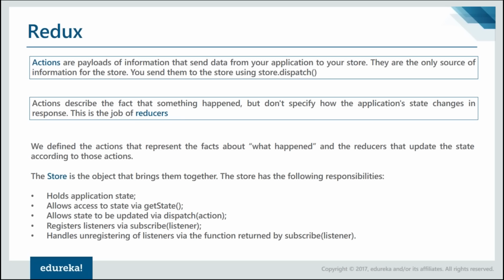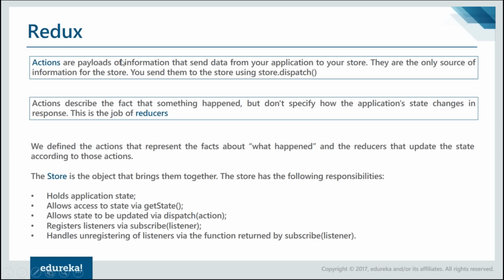I repeat, this is very important to understand in Redux: actions are the only source of information for the store. And keep in mind that Redux can have only one store, although it can have multiple reducers. When I talk about the store, Redux always has one store.